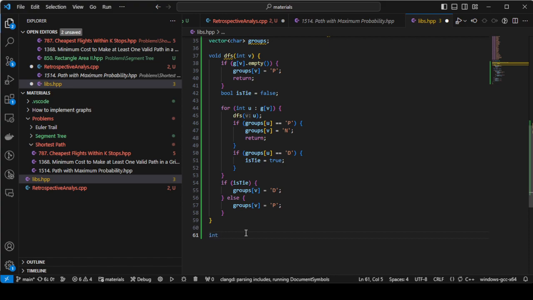And we start from, for example, we have some function, void retrospective analysis, да? Retrospective analysis.